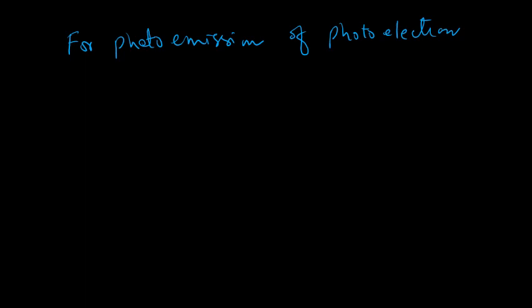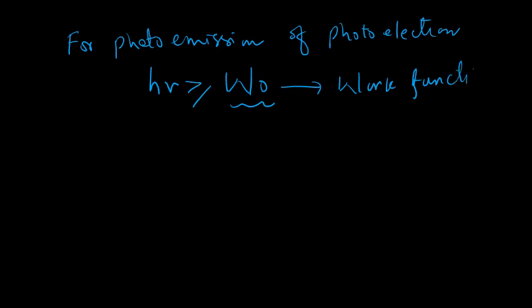Therefore, for photo emission, the energy of incident light h mu should be greater than or equal to W naught. W naught is called the work function of the metal.